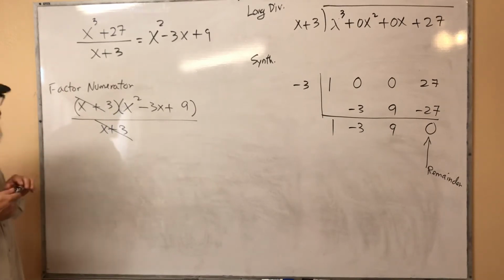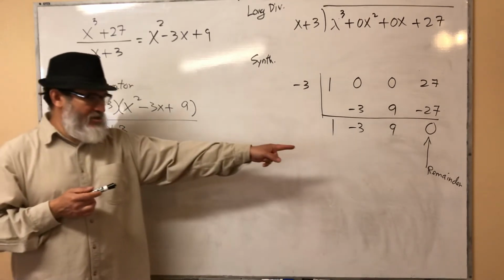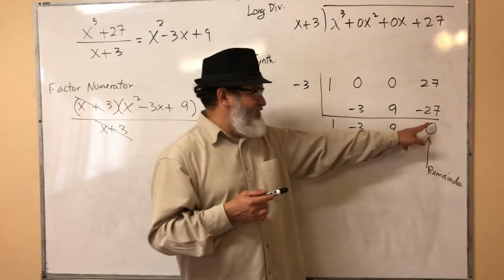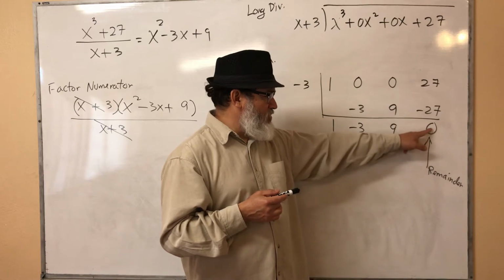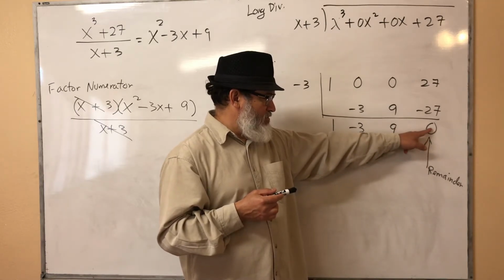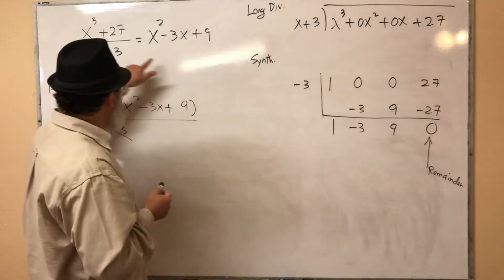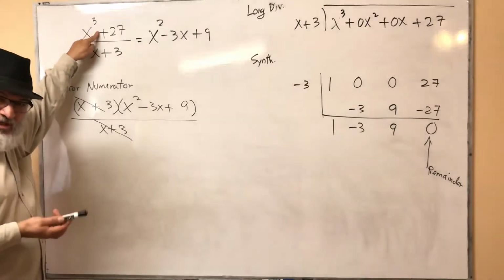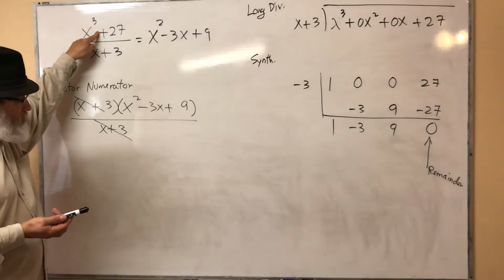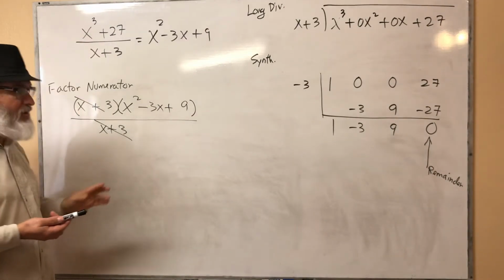We just learned that whenever the remainder is 0, the denominator is a factor of the numerator. Do you see it? Let me say it again.